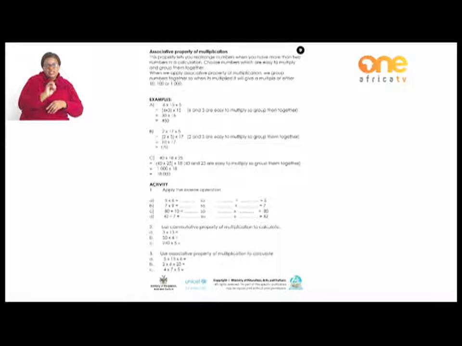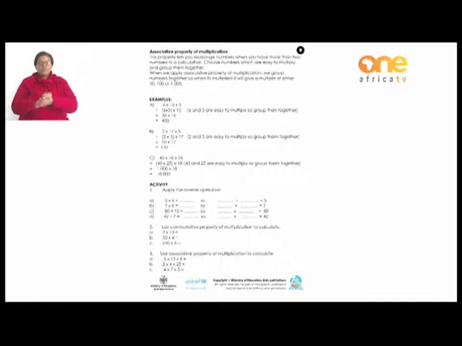C, 80 divided by 10. What will be the answer? And the inverse operation, multiplication, whereby we'll get 80. D, 42 divided by 7. What will be the answer? With the inverse operation, the answer will then be 42. Boys and girls, work it out.